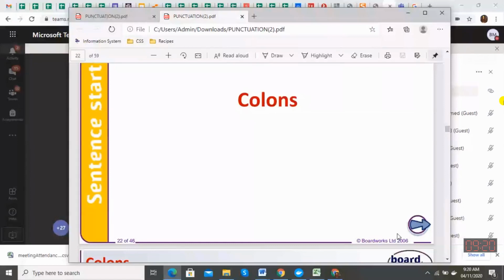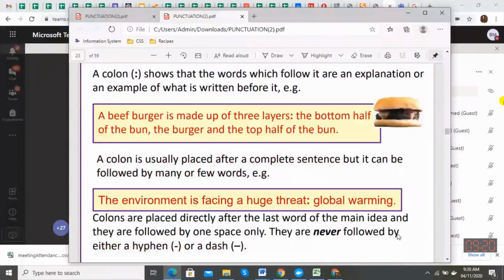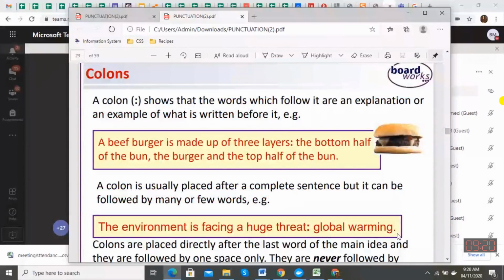When we show possession, we have to add an apostrophe, but there were some pronouns in which we do not use it. Okay? So colons. This is also a very important punctuation mark and widely mistaken, not properly used.